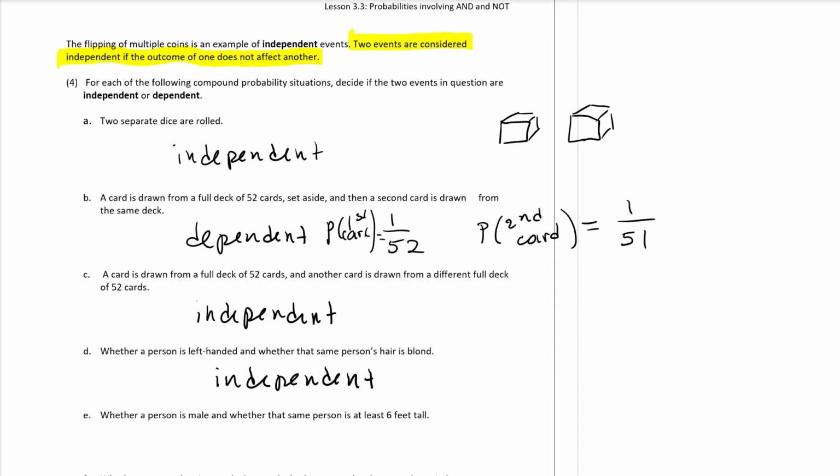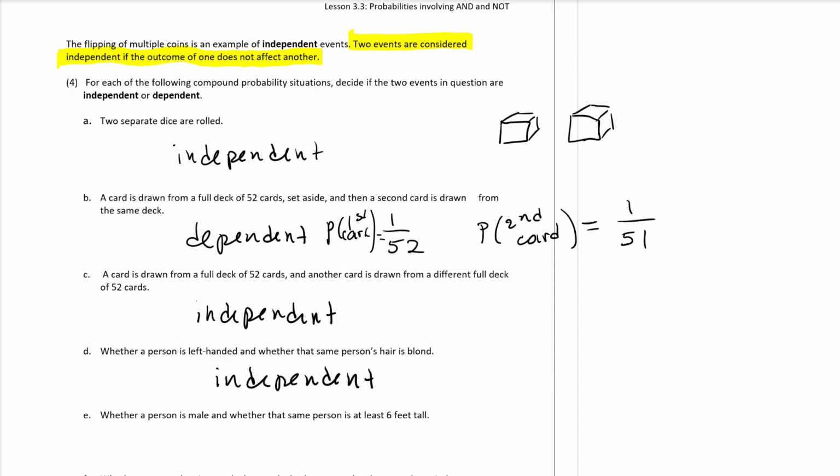What about part E? Whether a person is male and whether the same person is 6 feet tall. Is height influenced by biological gender? If they are influenced, then the events are dependent, and if not, you say they are independent. I'll give you a moment. Well, from biology, we know that males, as a biological gender, on average have greater height than females.